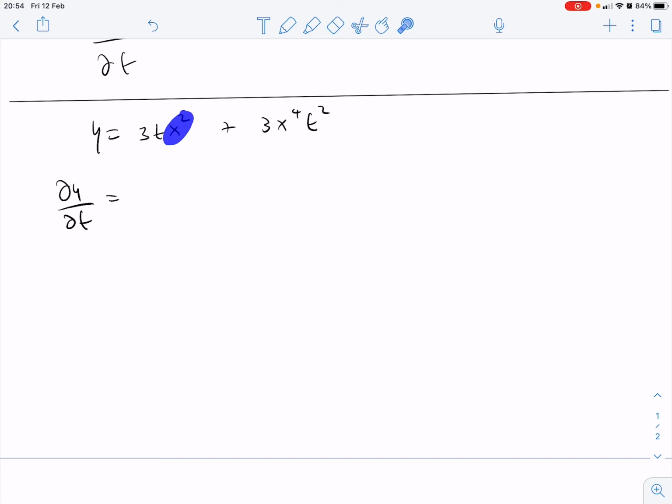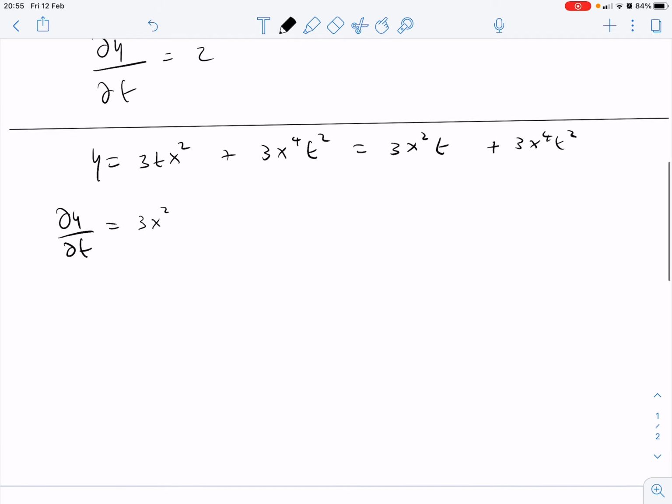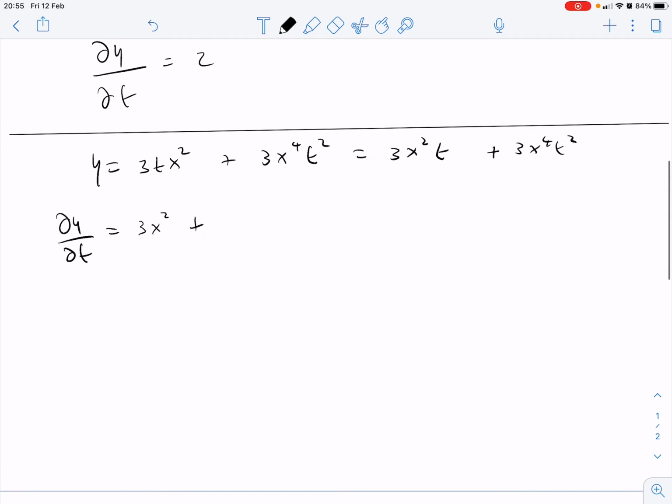We're treating the x squared part like a constant, the t goes away, and we're just left with 3x squared. In fact, I'll write it out like this: 3x squared t plus 3x to the 4 t squared. Now we have to do the other term as well, because it contains a t in it, let's not forget.